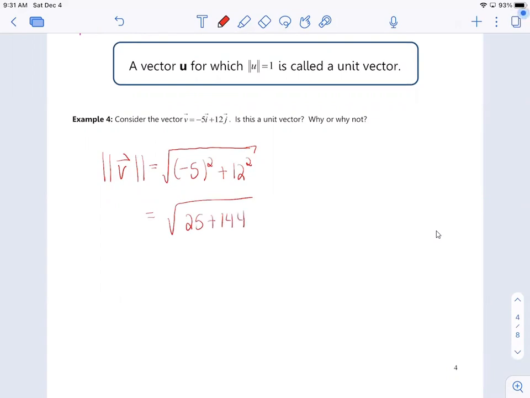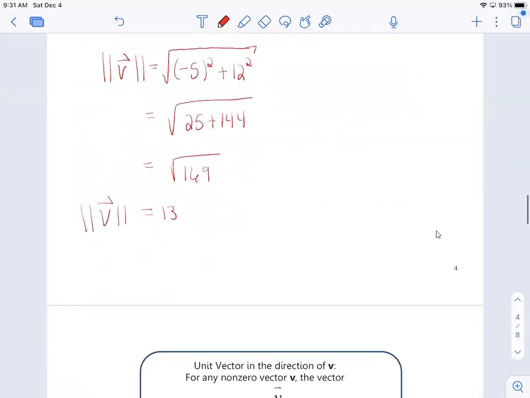Hopefully we're seeing there's no way this is going to be a value of 1. Well, the square root of 169 is 13. So what this is telling me is this is not a unit vector.